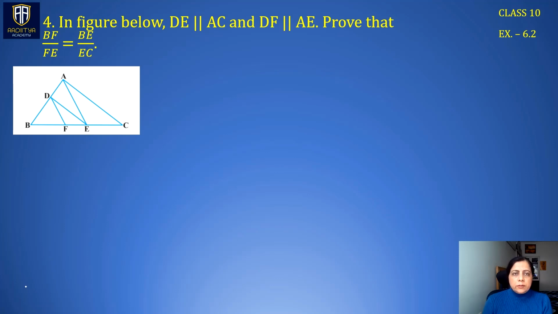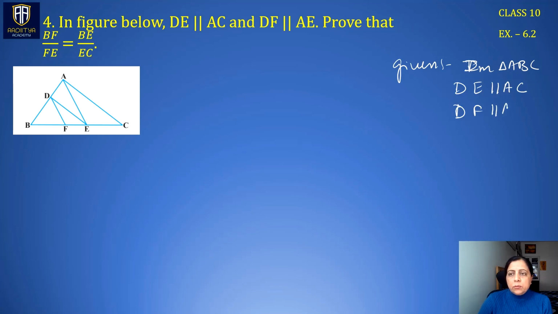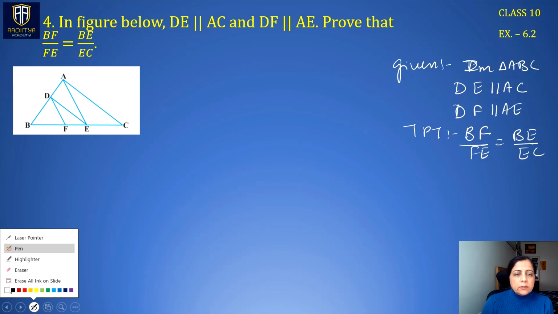A similar kind of question. In this figure, it is given that DE is parallel to AC and DF is parallel to AE in triangle ABC, and we have to prove that BF upon FE is equal to BE upon EC. Now mark the things in the figure.